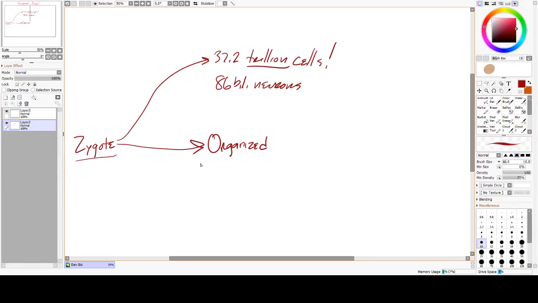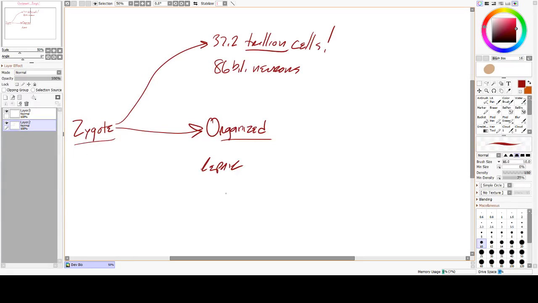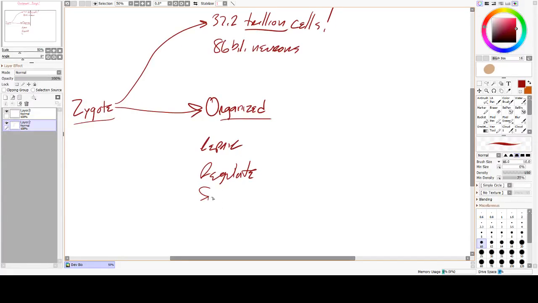And so zygotes, they organize, they repair themselves. They regulate themselves. And they can signal.